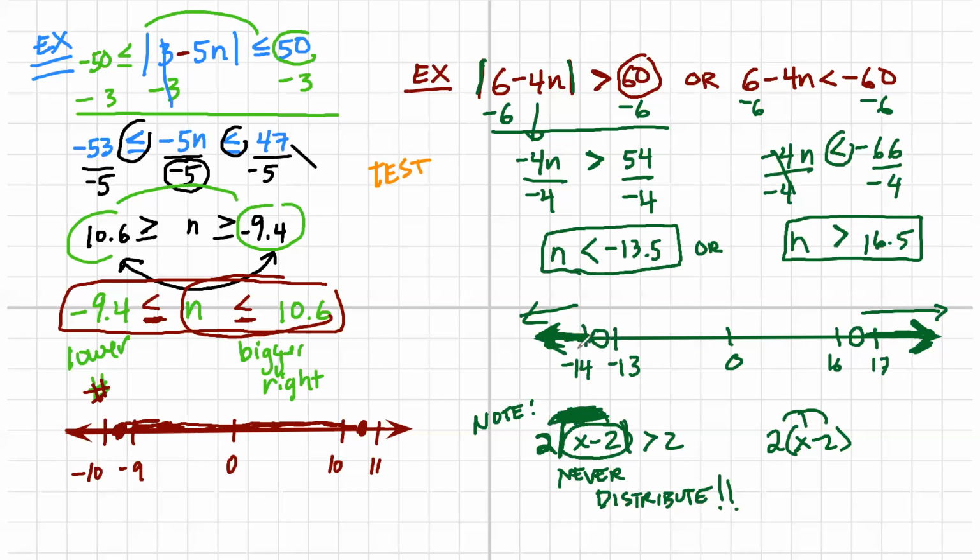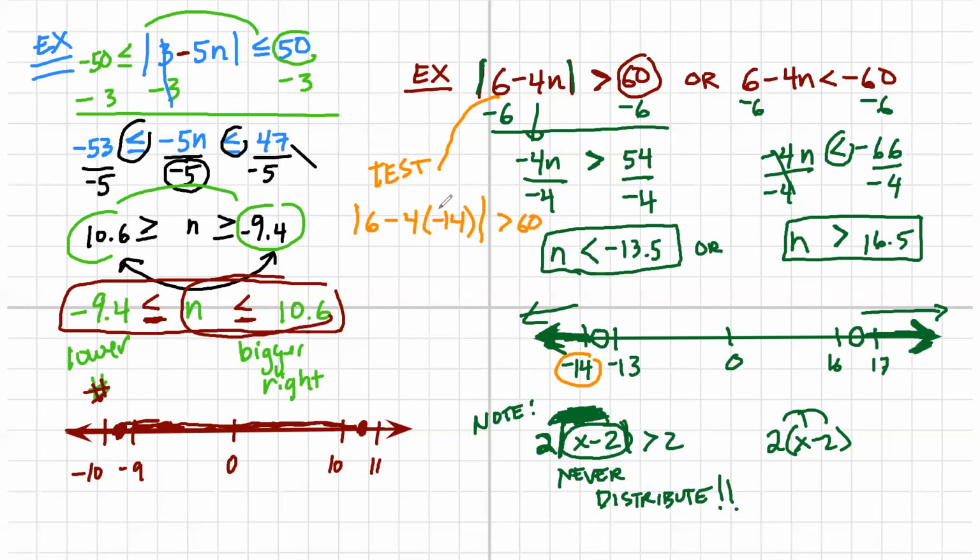If I test a point to the left, let's pick -14, right? I know -14 or -15. If I plug in -14 in here, it should work. So let's plug -14 in here to test if our shading is correct. So absolute value of 6 minus 4 times -14, absolute value, is that greater than 60?